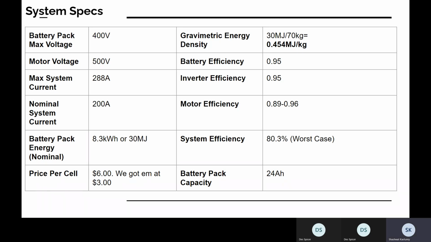So we spec this battery pack to put out 80 kilowatts at peak. 80 kilowatts is by no means the continuous power draw of the car, mostly because in any racing event, we don't need that much power.